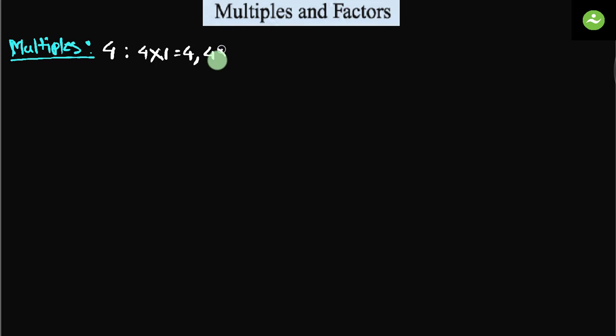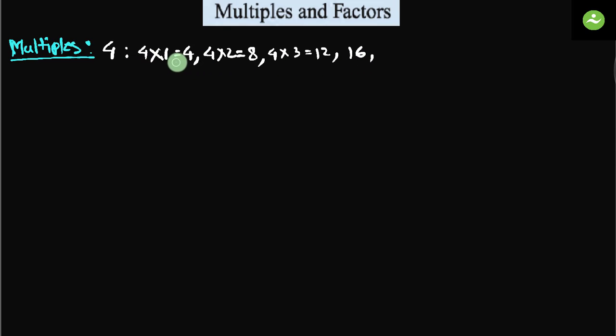4 into 2 equals 8. 8 is a multiple of 4. 4 into 3 equals 12. 12 is a multiple of 4. The next multiple in the series after 12 is 16. If you multiply 4 with 4, it's 16.